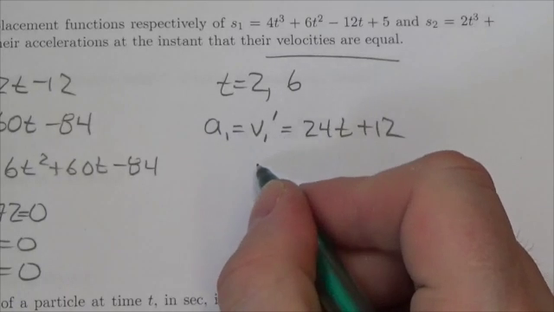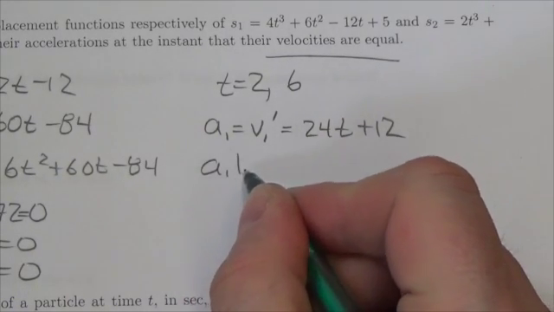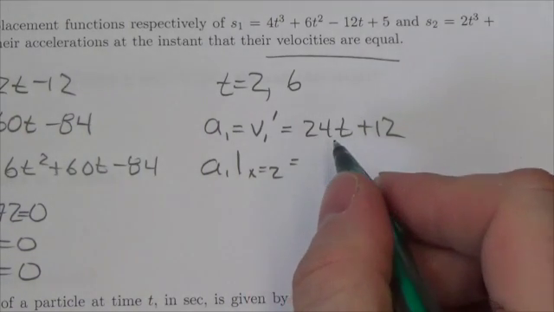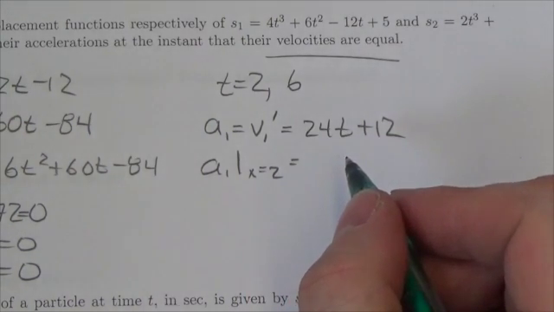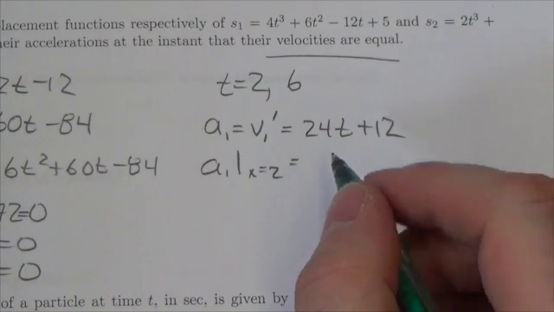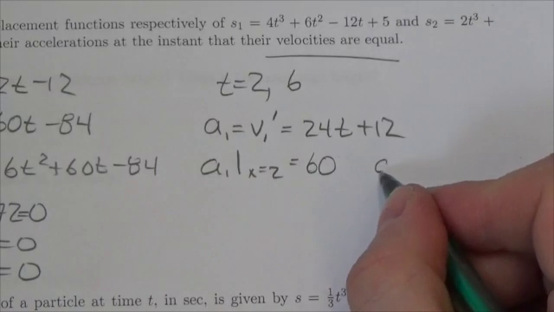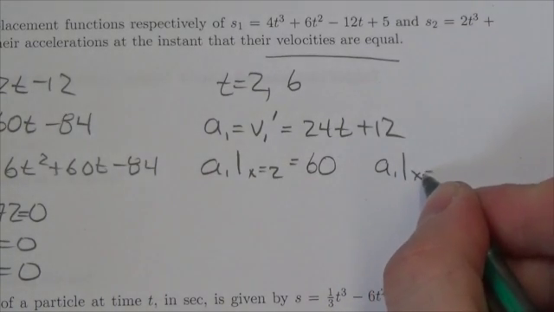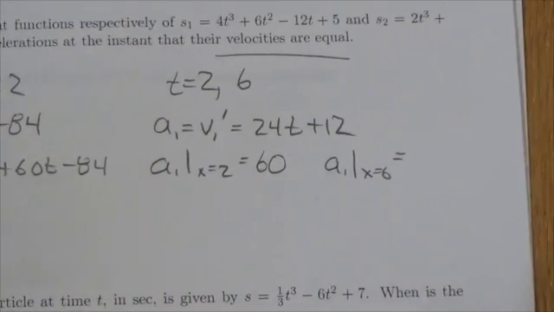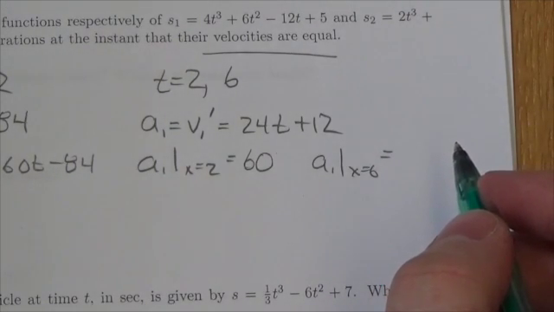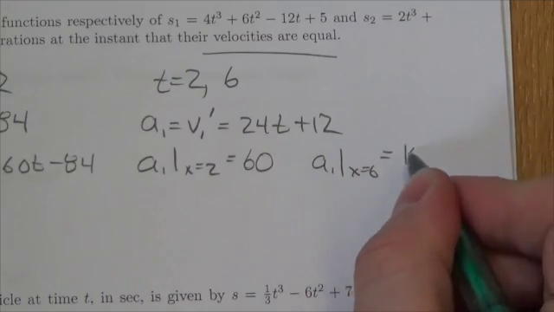So this is going to be a1 evaluated when t is equal to 2, and so we're going to get 2 times 24 plus 12, and that's 60. Then a1 evaluated when t is equal to 6 is going to be 24 times 6 plus 12, which will get us 156.